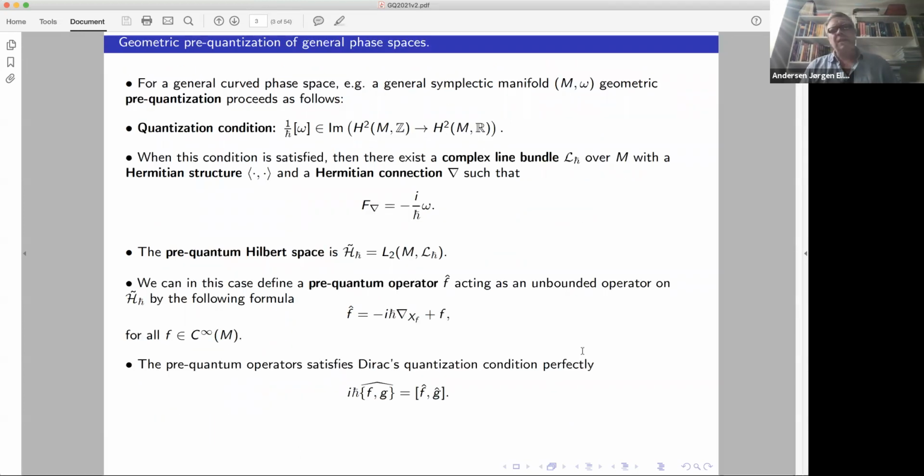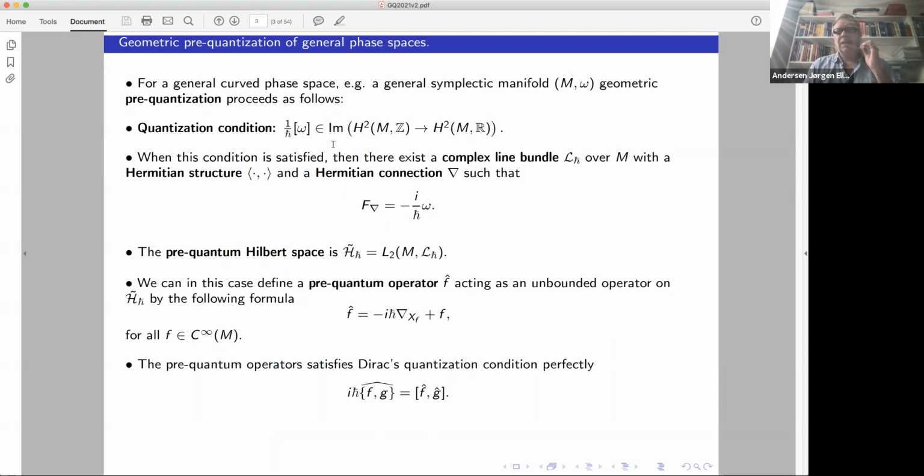So now, how is this really done in geometric quantization? Well, the first steps, as you all very well know, are extremely well written and presented in the literature and well understood. So we start with a general curved phase space. This is just another word for a general symplectic manifold. And then geometric pre-quantization proceeds as follows. There is, first of all, a quantization condition.